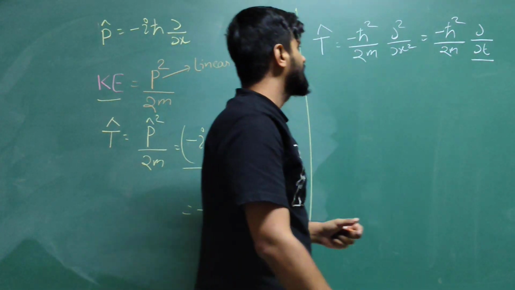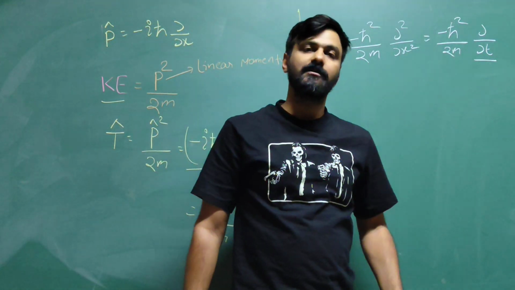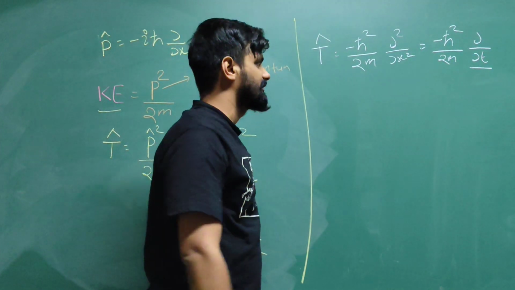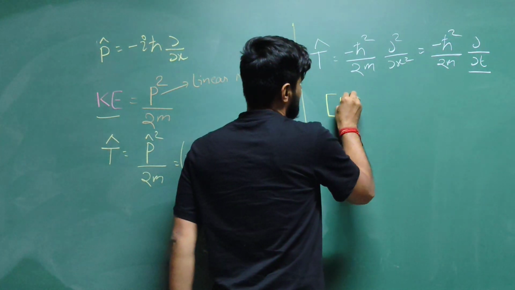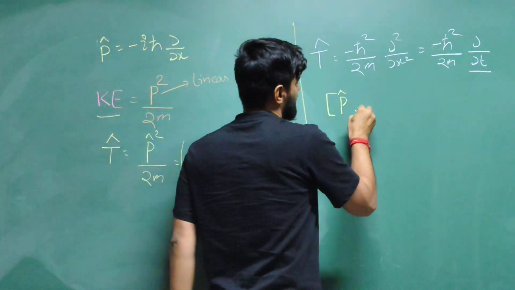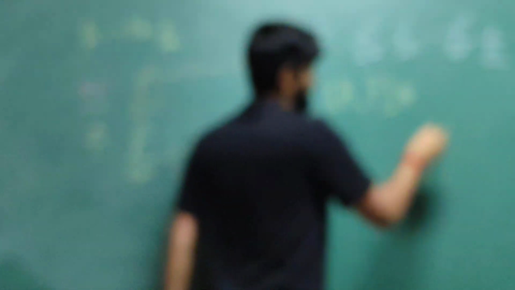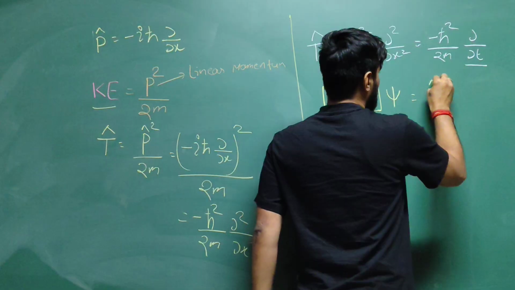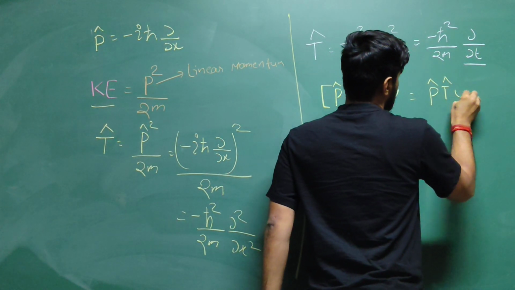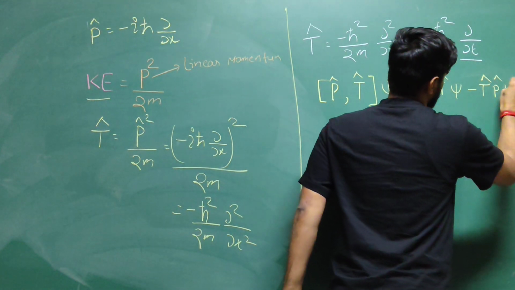Now coming to the very important concept, to check whether the kinetic energy operator and the linear momentum operator are commuting with each other or not. Let's say P cap is the linear momentum operator and T cap is the kinetic energy operator, and I will operate over psi. So that can be written as P cap T cap psi minus T cap P cap psi.